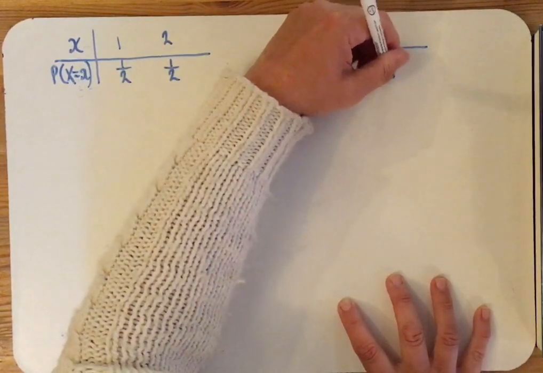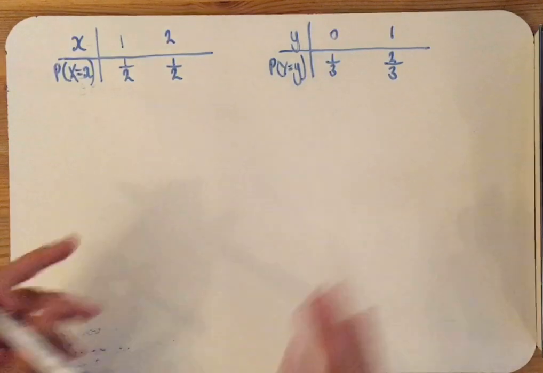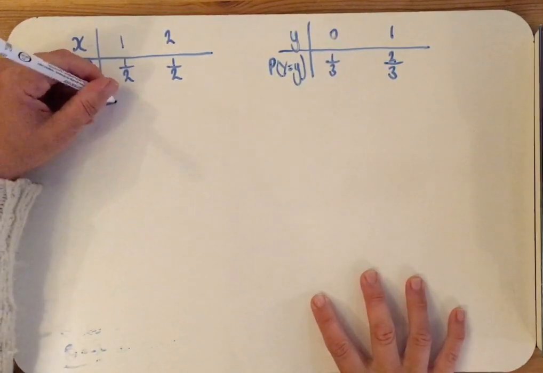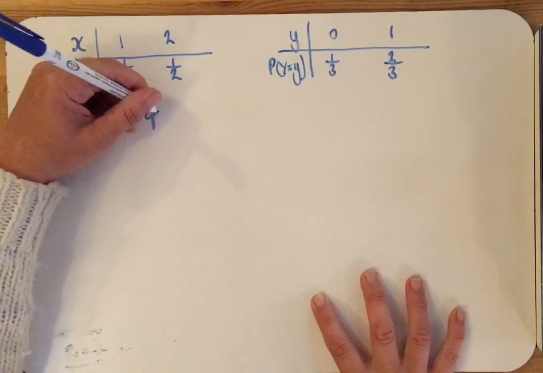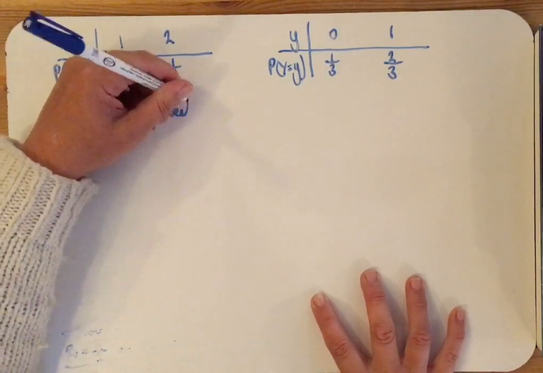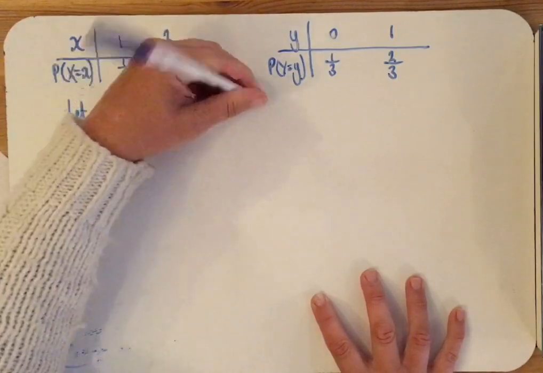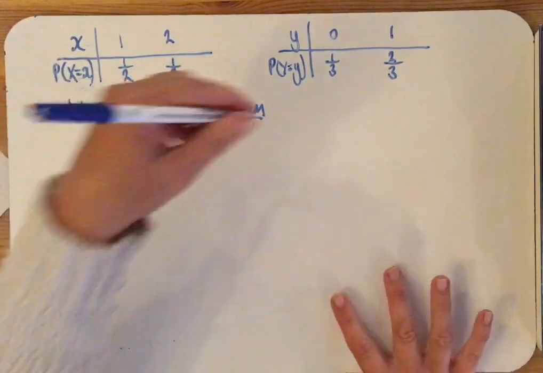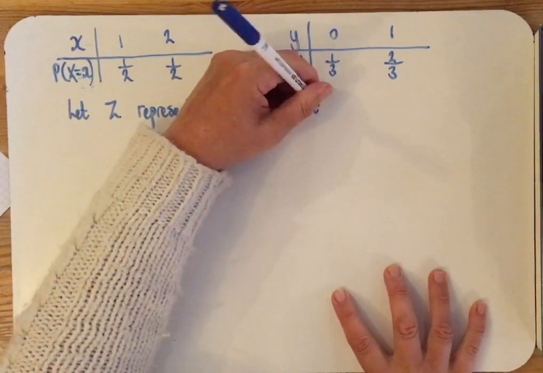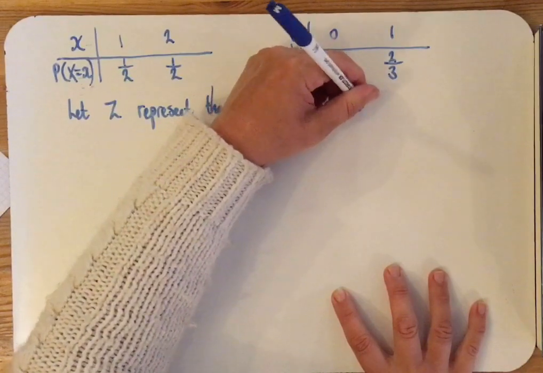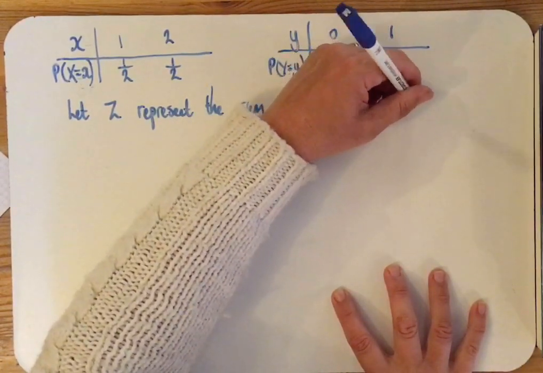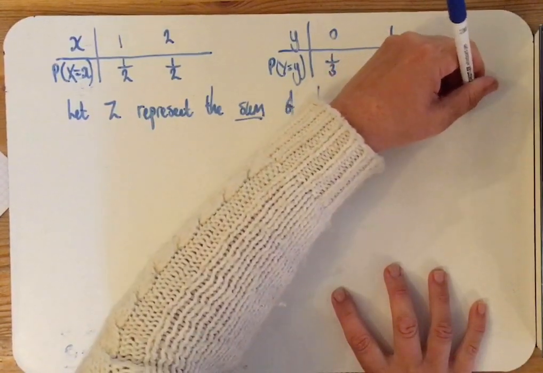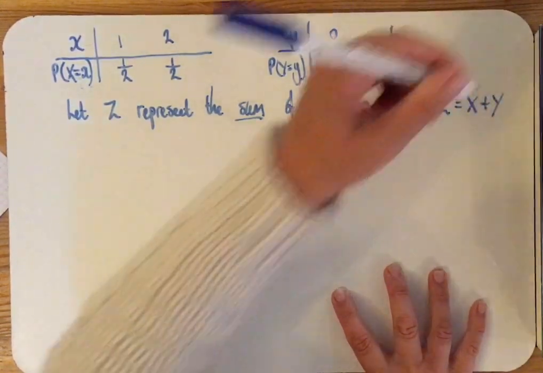So that's just the probabilities written as distributions instead. We're going to let Z represent the sum of the 2 scores. So this is what we mean by the sum of independent random variables. And so Z is equal to x plus y.